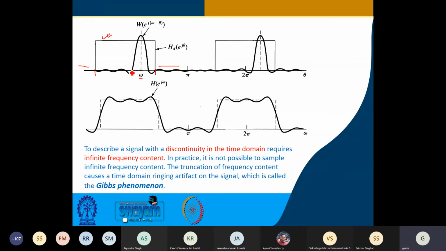If you multiply for each value of theta, now this scale is theta, right? Then beyond this point no contribution is there. And then you sum it up. So when you do that, for this value of omega, what do you see? This value of omega corresponds to say this point. So you have got a main lobe over here, right? And then you have got two negative going side lobes over here.